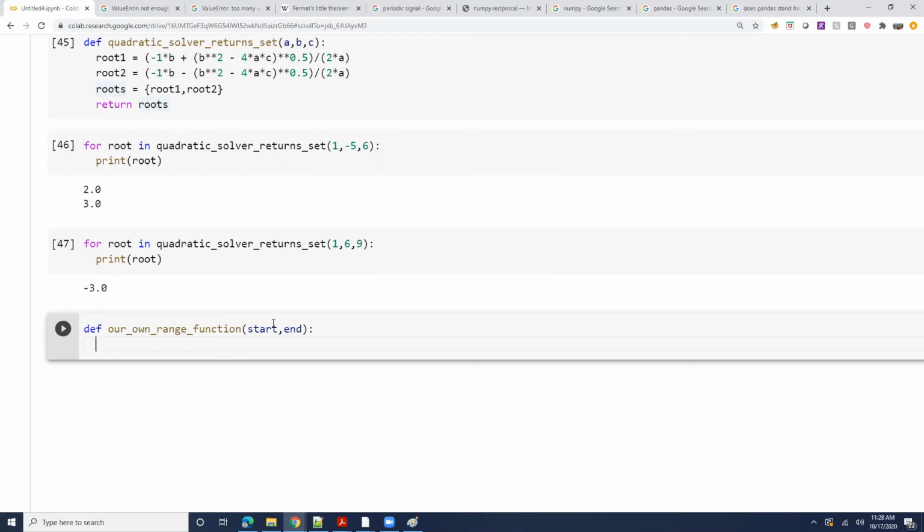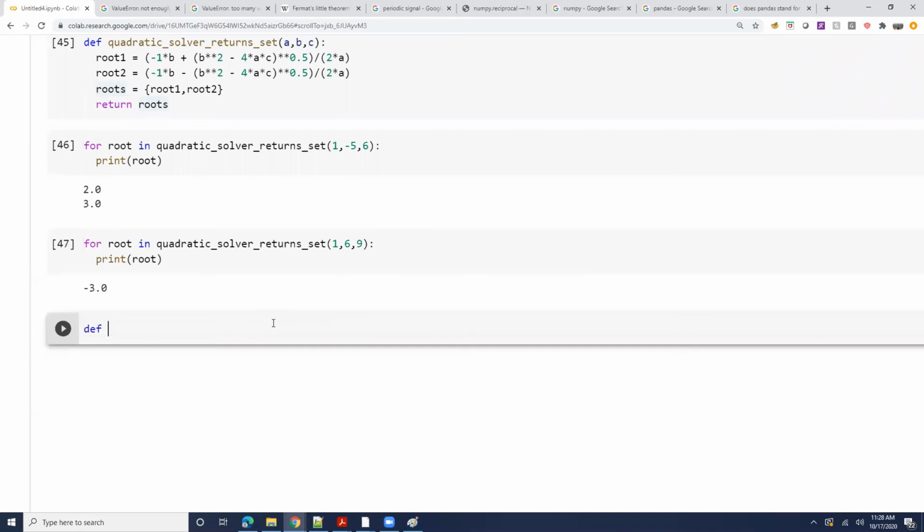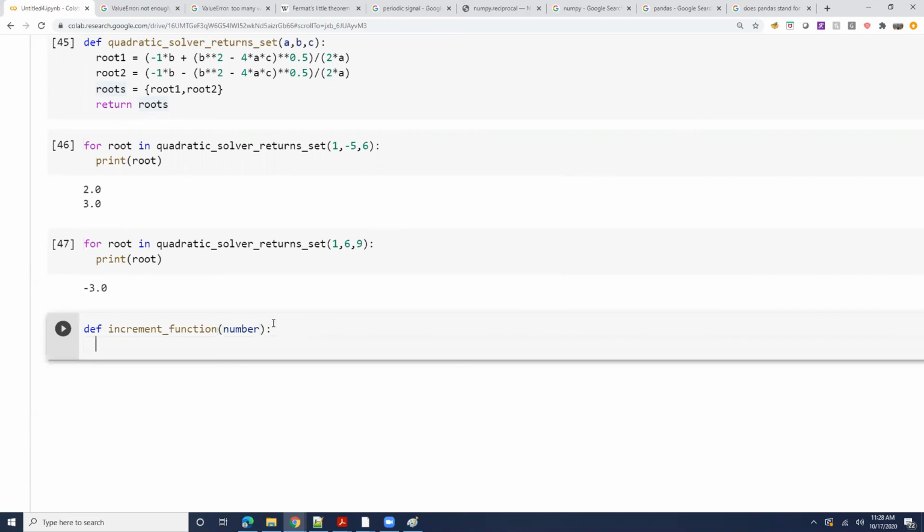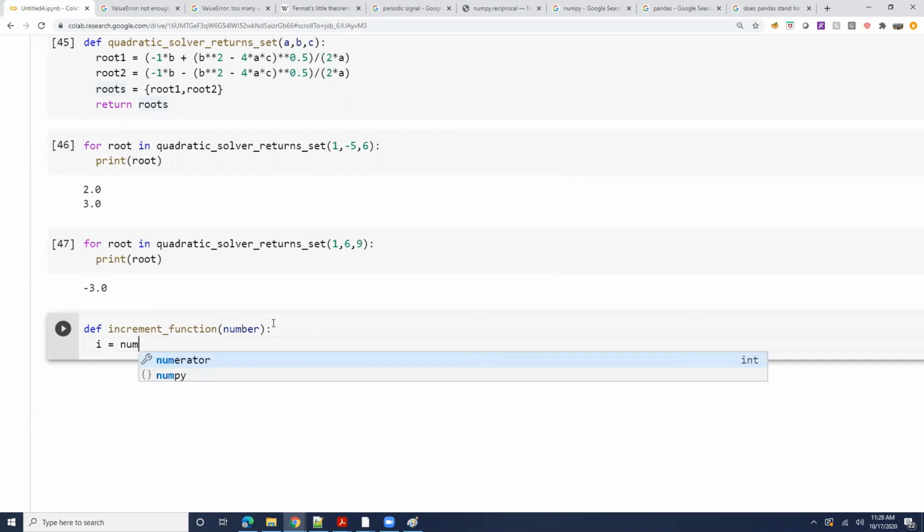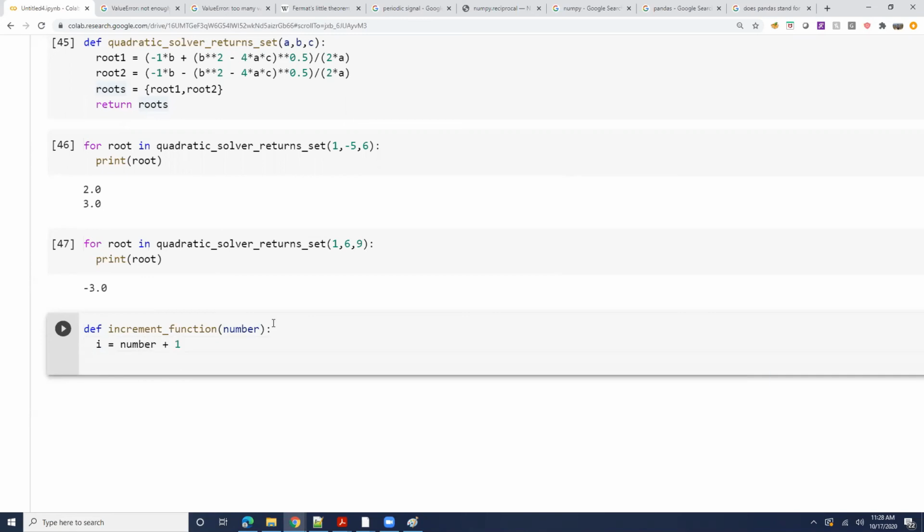Just because this is probably not something that you have seen earlier, let's say I create a function, dummy or increment function, and I pass a number, and I say i equal to number plus 1, and now yield of i.